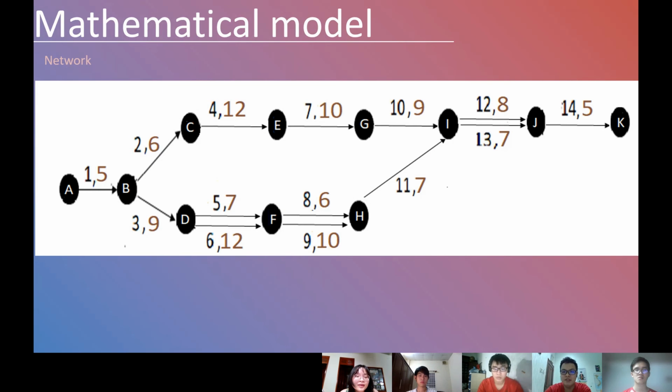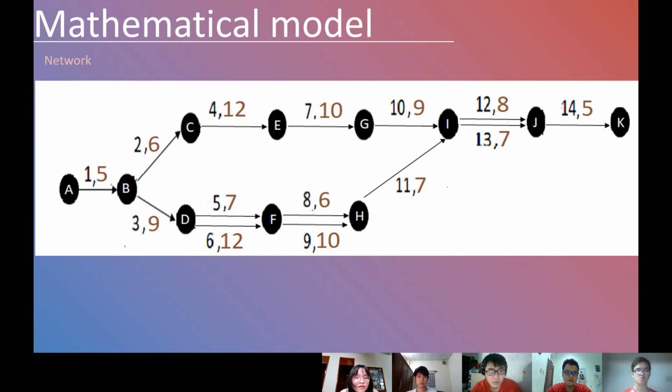Like you can see in the slide, the brown number is the processing time to go from one node to the node before it. The black number is its predecessor. For instance, go from A to B takes 5 minutes to do job 1.